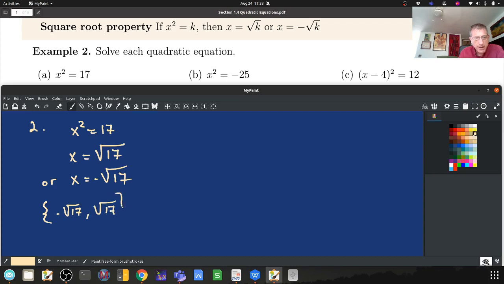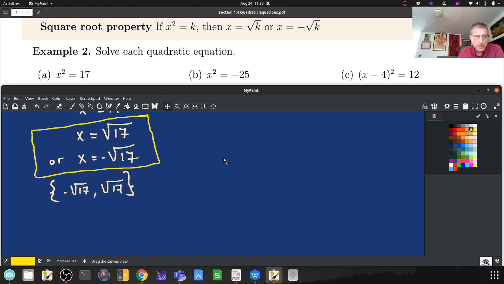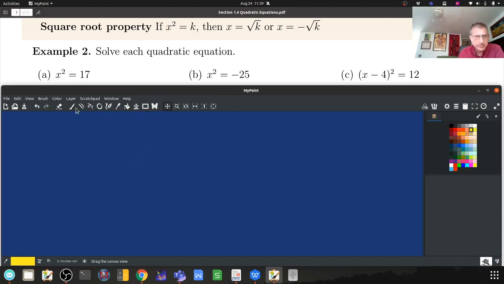I'm perfectly fine myself if you just write it out in words, but my math lab may want you to write it as a solution set answer, in which case you would write this.